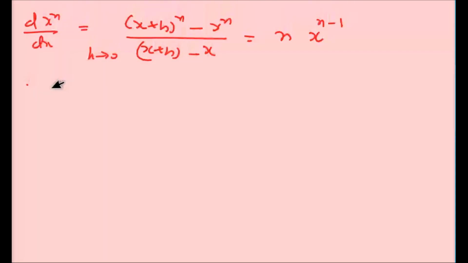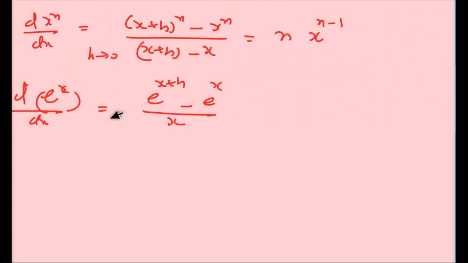now if we take another formula of e to the power x differential, equal to e to the power (x plus h) minus e to the power x upon h, h tends towards 0.